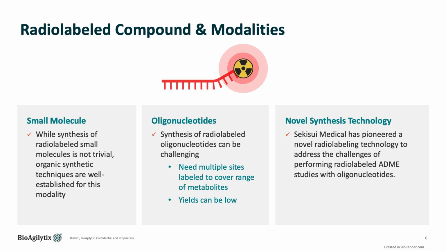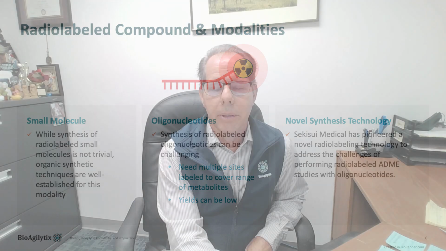Sekisui Medical, one of our partners, has pioneered a novel radiolabeling technology to address the challenges of performing radiolabeled ADME studies with oligonucleotides. And I would like to introduce Takahiro from Sekisui to further discuss their process, and I'd like to hand it over to him right now.